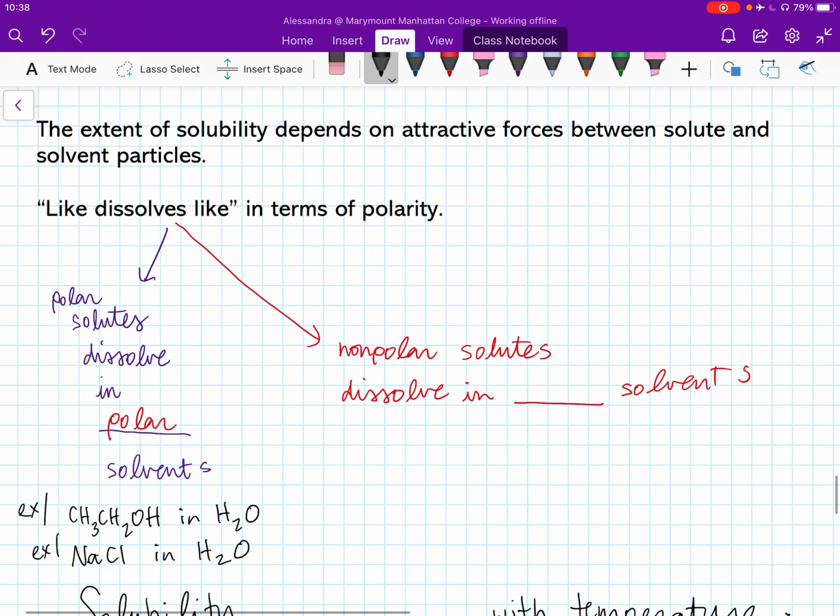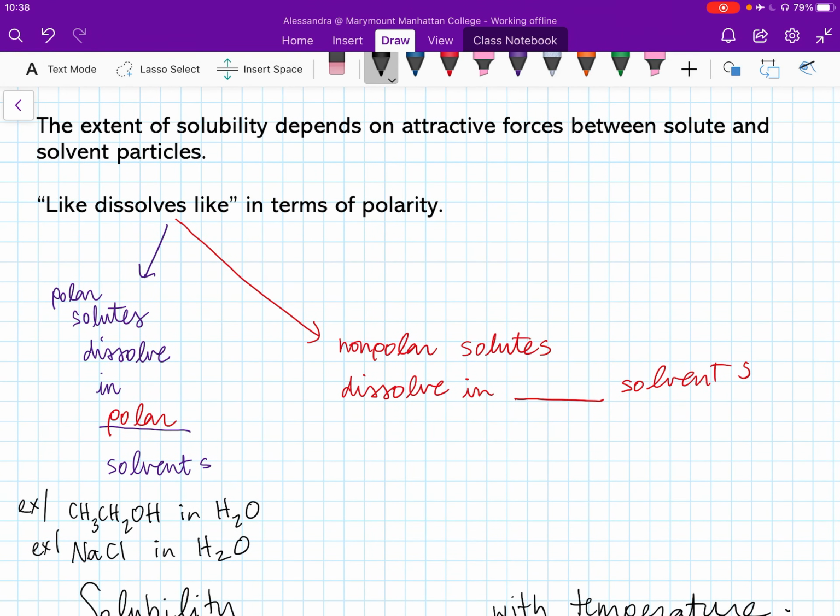Sodium chloride is going to dissolve in water easily because it has positively and negatively charged ions, and water is very polar. So an ionic salt releases charged particles, ions, and those ions are going to be complexed by the very polar water molecules. We'll talk about that a little bit more in the future.